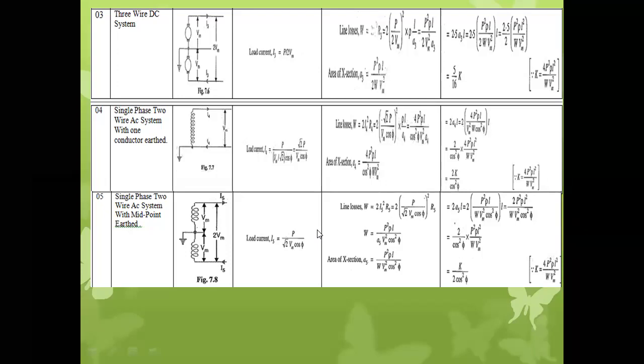How much have you got for the volume of conductor required for the fifth case if K is equal to 100 and cos phi is equal to 0.85? Tell me, roll number 14. Yes, how much?